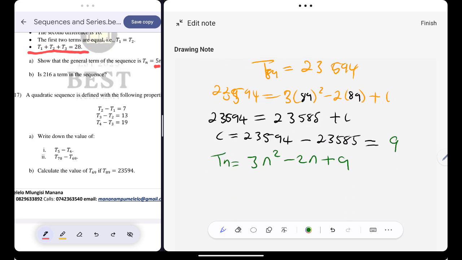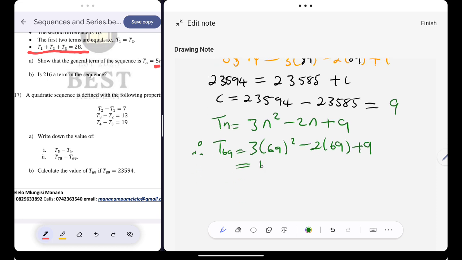Therefore I can find the 69th term. I can simply say T69 is equal to 3 multiplied by 69 squared minus 2 times 69 plus 9, and T69 will be equal to 14,154.